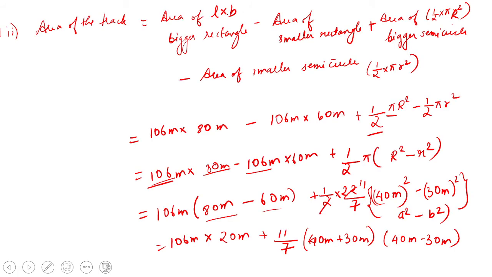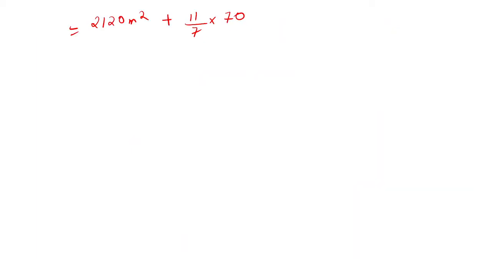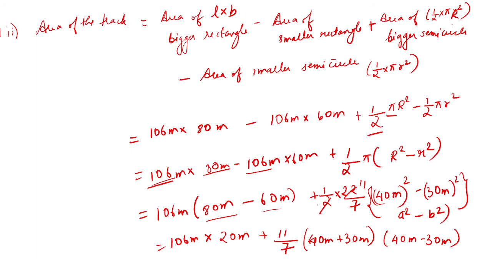106 meter into this is going to be 2120 meter square plus 11 by 7 into 70, 20, okay, sorry, this is going to be something, okay, it's going to be 40 meters square minus 30 meters square.